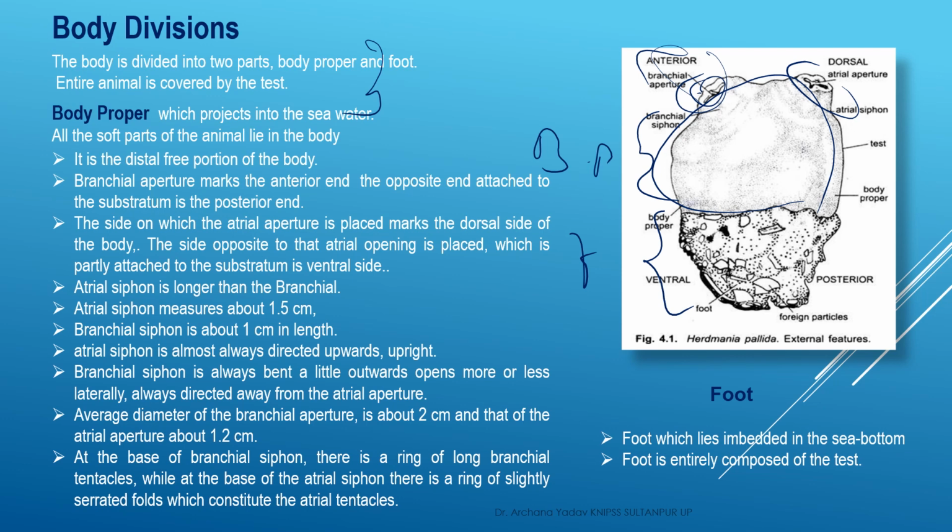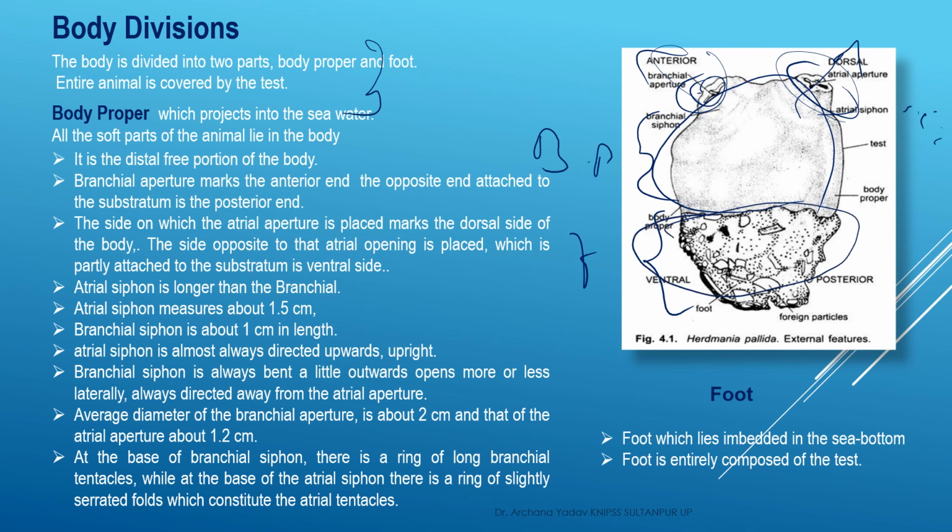It is wider and allows better influx of water carrying food, oxygen and other things. The atrial aperture is also known as the cloacal siphon. It is approximately 1.5 centimeter long and directed upward, and you can also call it the excurrent siphon.